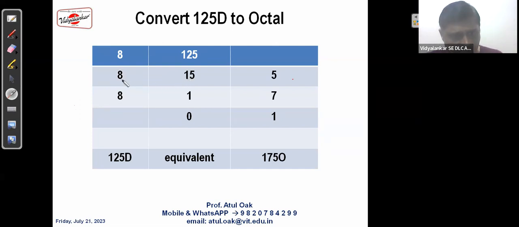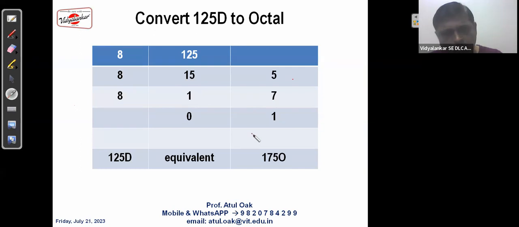15 divided by 8, quotient is 1, remainder is 7. Okay. Is the numerator greater than the denominator? No. So division will stop. So whatever is the last quotient, write it as a remainder. Okay, and the next quotient will be 0. Why? Because division is not possible.